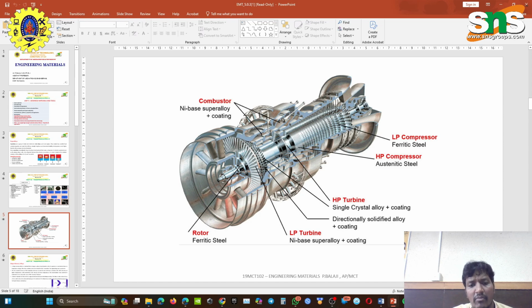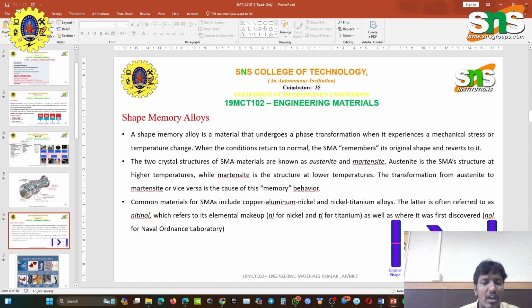For the LP turbine, nickel based superalloys and coating will be used. The rotor will use ferritic steel, which is a kind of low hardness. It may be a ferrite based nickel alloy, and the combustor may be a nickel based superalloy with coatings. So we have discussed the applications of superalloys.